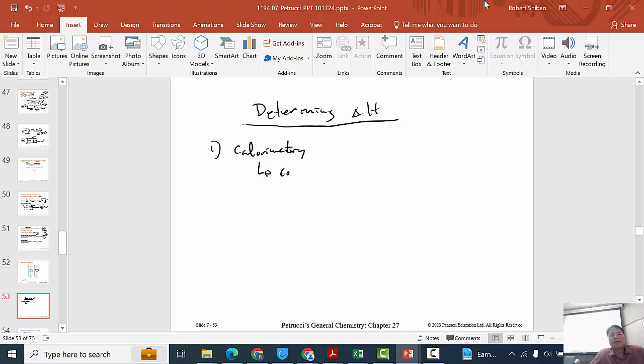We have constant pressure. If we do constant pressure, it does not measure QP, it measures QV. From QV, we could get delta U. From delta U, we have to get delta H. In order to get delta H, we need to calculate the work that would have been done under constant pressure.